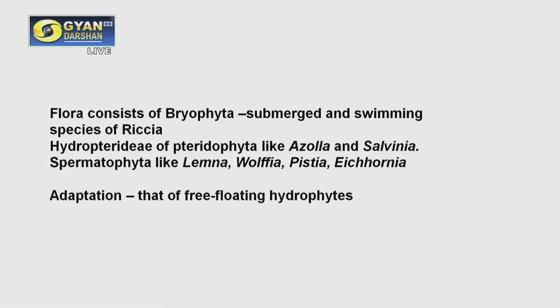They actually constitute a false plankton, like bryophyta, certain species of Riccia, certain pteridophytes, Azolla, Salvinia, certain spermatophytes like Lemna, Wolffia, about whom we have just talked a little while ago, Pistia, Eichhornia. So these are actually pleuston. Pleustons are comparatively larger organisms as compared to plankton, megaphytes. That's why we are calling them megaphytes.